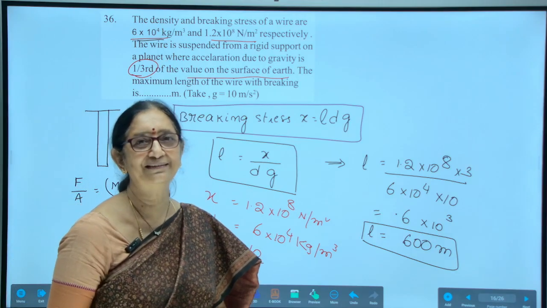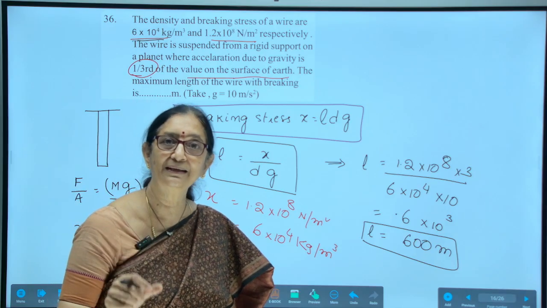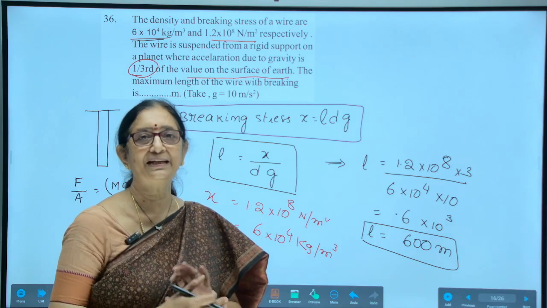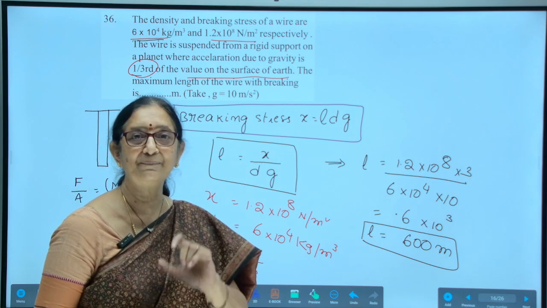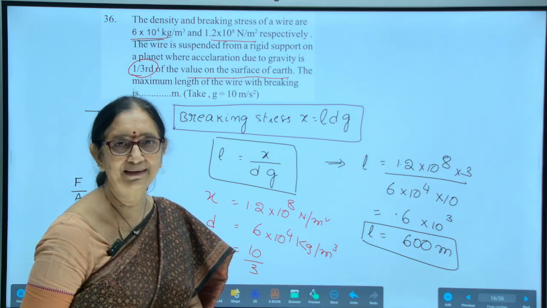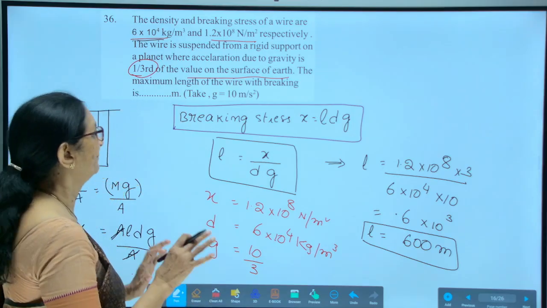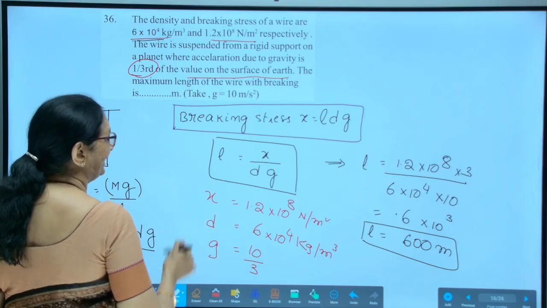Actually, we have seen this in the synopsis part also. When a rope is hanging under its own weight, breaking stress is given by Ldg, where L is the maximum permissible length, d is the density, g is the acceleration due to gravity at that place. Now, the maximum length becomes x by dg.